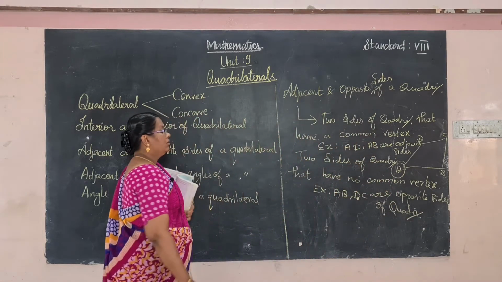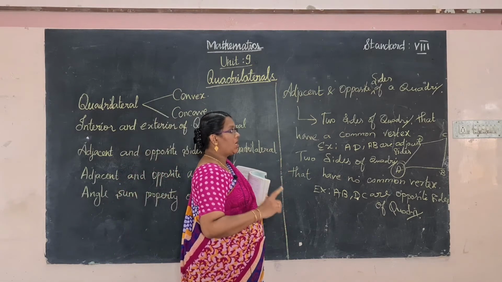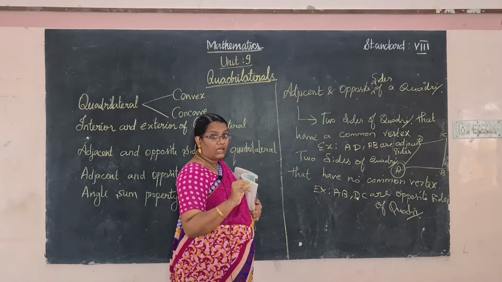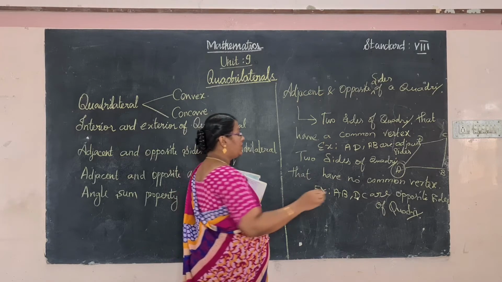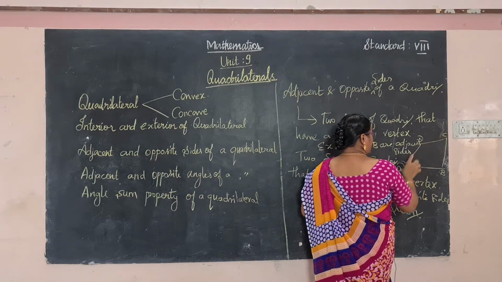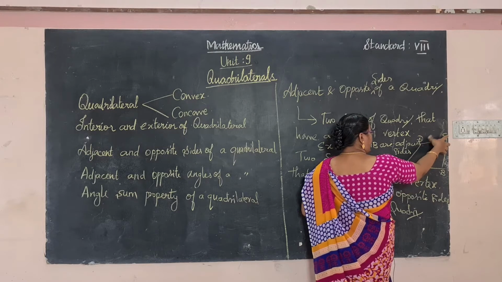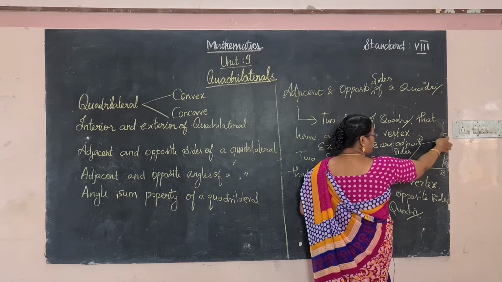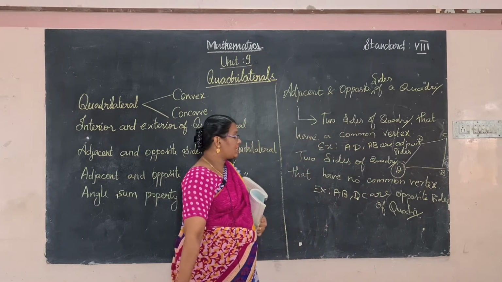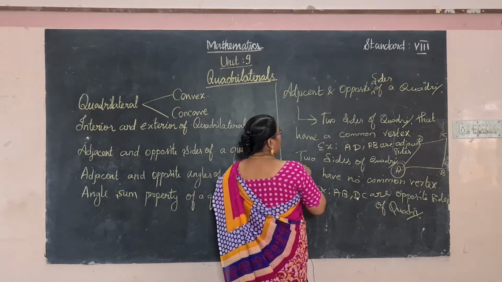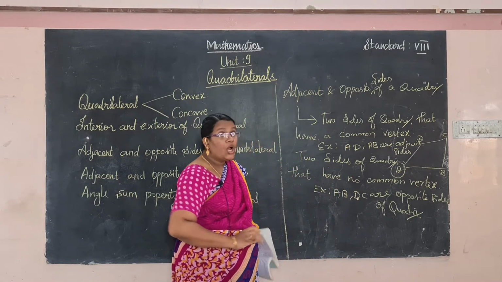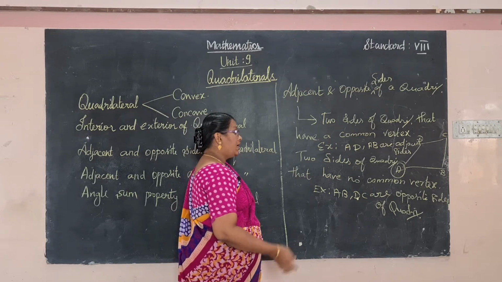So first one, adjacent sides means two sides of the quadrilateral having a common vertex. From this diagram, AB and AD have A as the common vertex. CD and CB are also adjacent sides. And the opposite sides are two sides of the quadrilateral that have no common vertex.